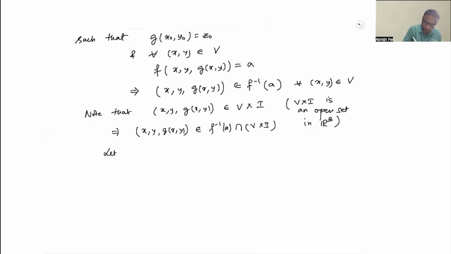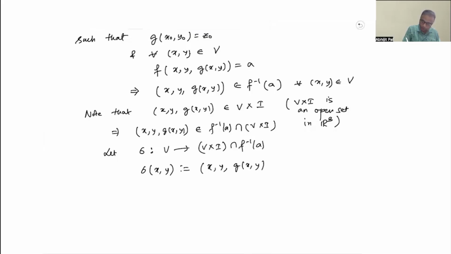Now let us define a map. Let sigma be a map defined from this B to B cross I intersection f inverse a. How is this defined? Sigma of (x, y) is equal to (x, y, G(x, y)).